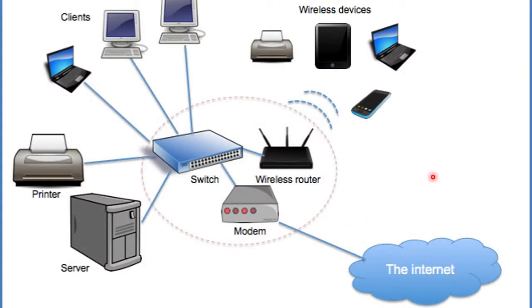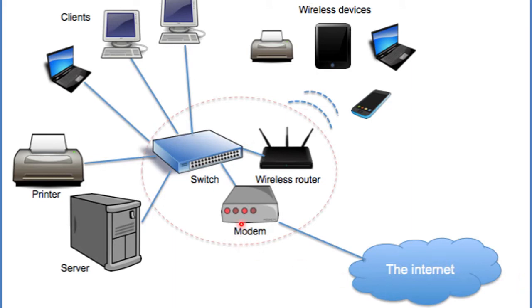Alright, so for you to visualize our network, let us look at this diagram first. We have here the different devices. We have the server, the printer, your laptop, your desktops. You also have your tablet, your smartphones, and then your laptop. We have the switch here. Our switch connects multiple clients or devices in our network. And then also the router, the modem, and the internet.